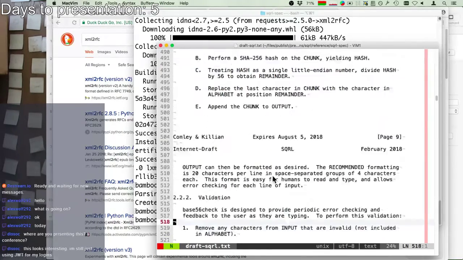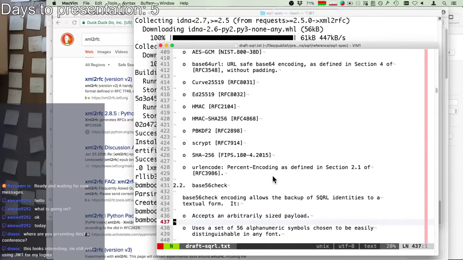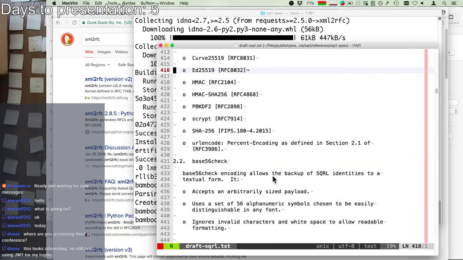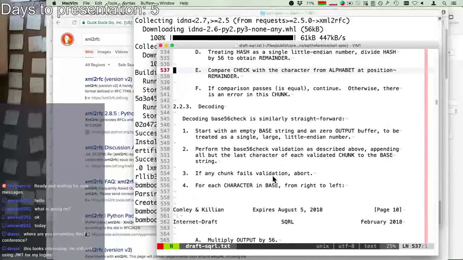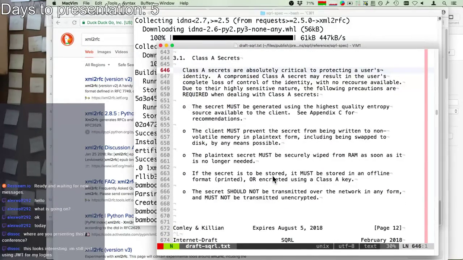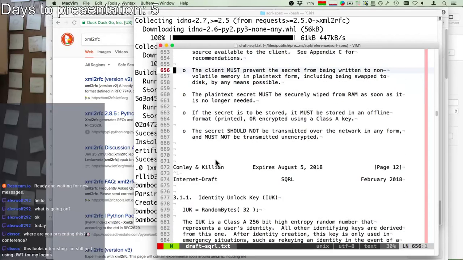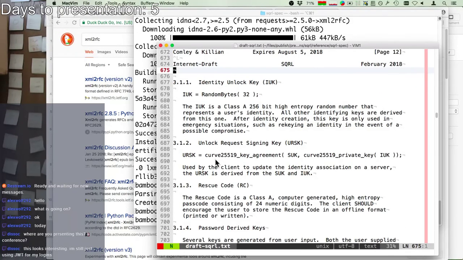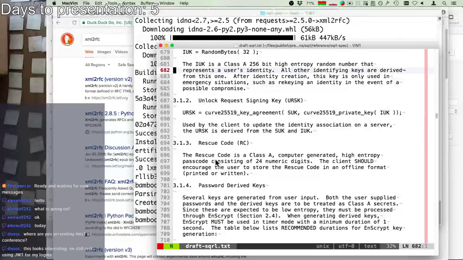Okay, base 56. This is algorithmic. Standard algorithms. Hash and script. Maybe I should.